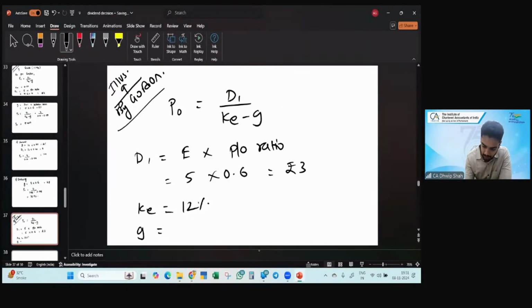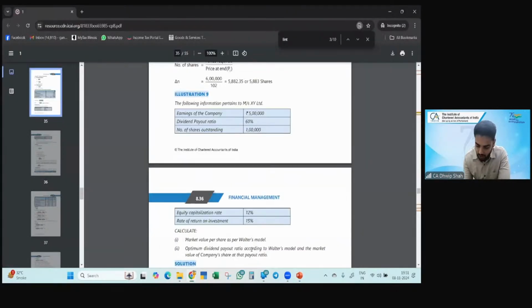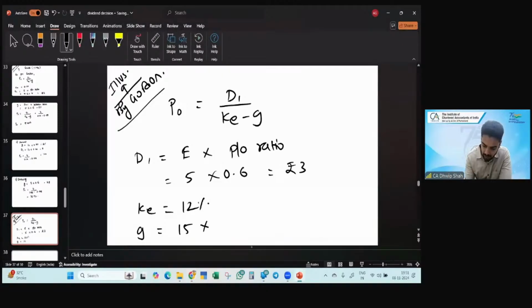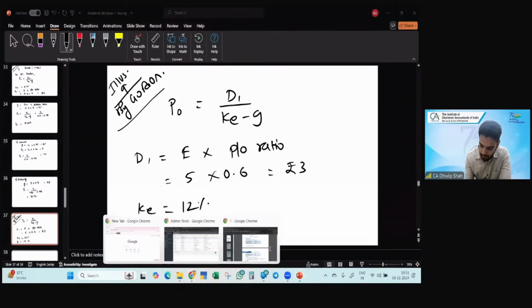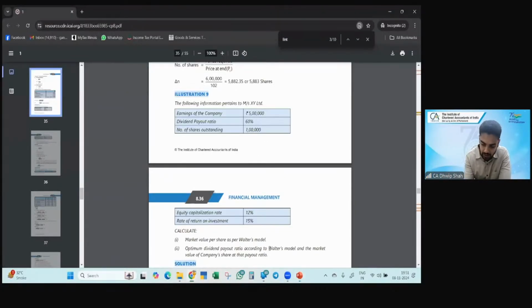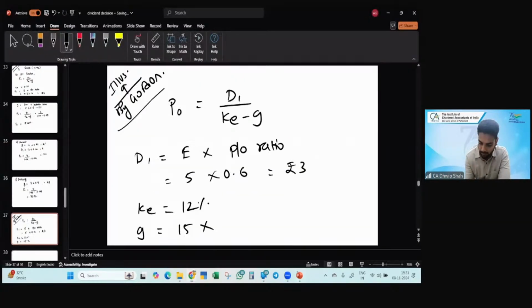G is not given, but we have ROI and retention ratio, so we can easily solve G. ROI is 15 and retention ratio would be 40%, since dividend payout is 60%.